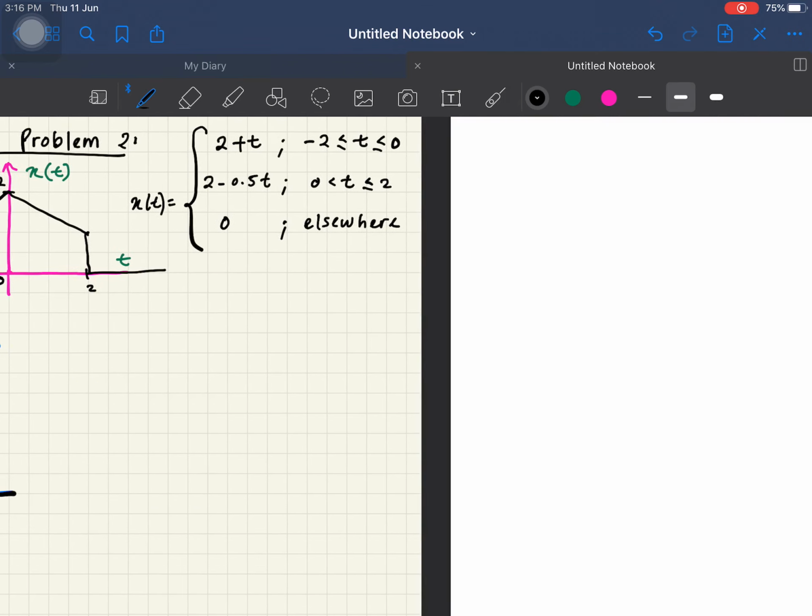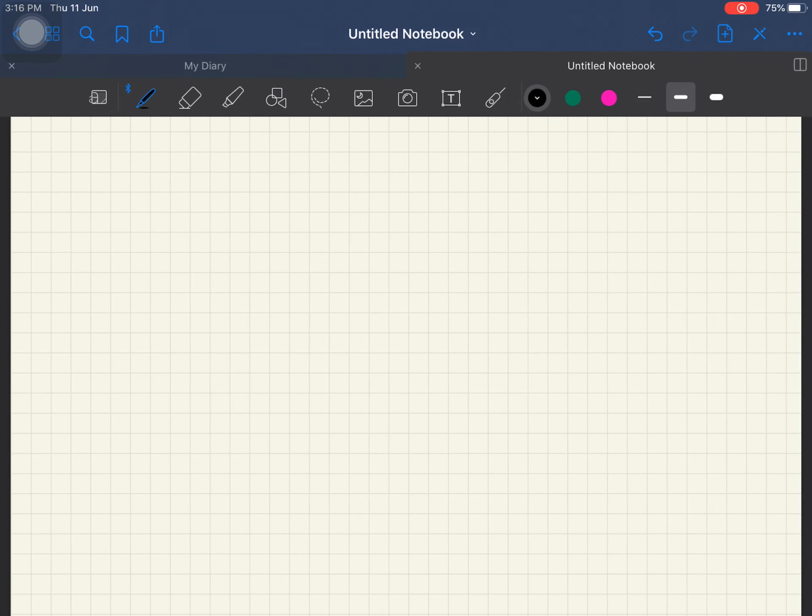Now let's look at the second one, x of minus t plus 2. This one is actually a multiple transformation, and there are 2 ways to solve this problem.